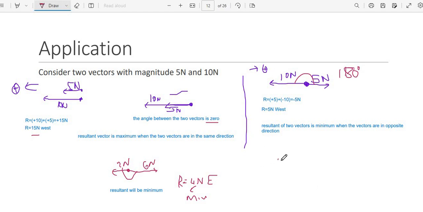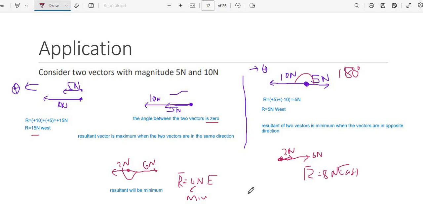But if they were in the same direction, the 2 Newton and then also the 6 Newton, in this second diagram our resultant will be 8 Newton east. So this is the maximum value.